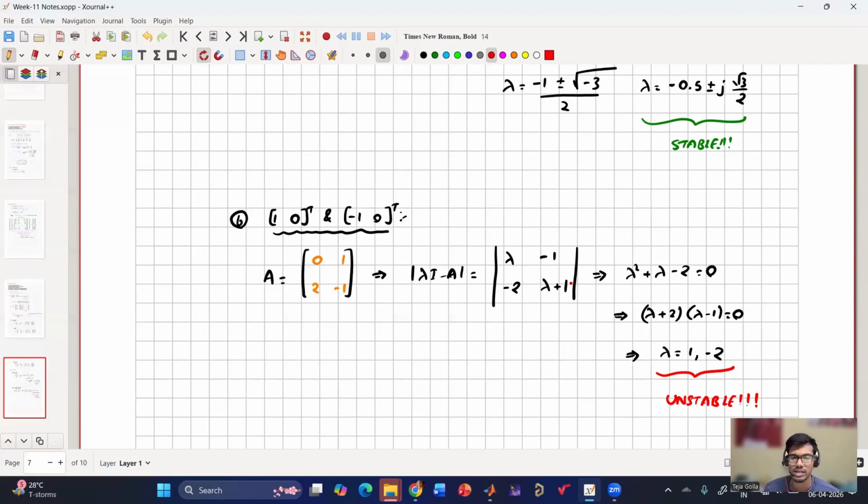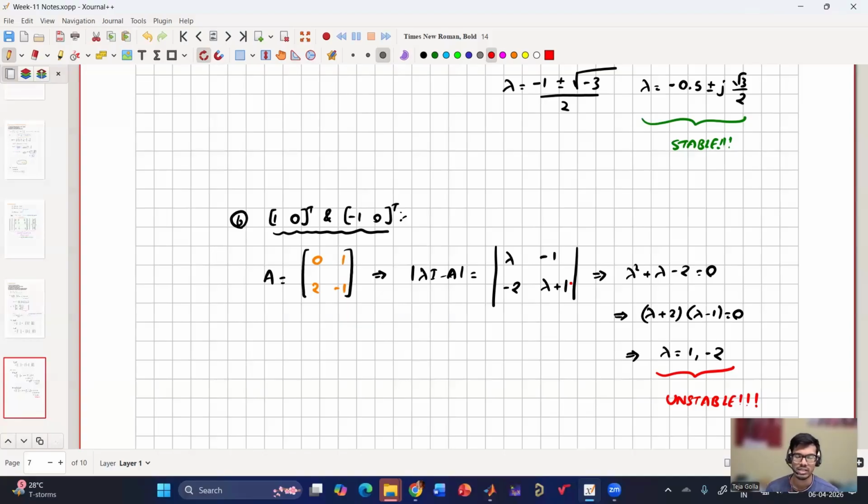There are subcategories like stable focus. In the case of instability, there is something called saddle point, unstable focus. We are not going into the details. It will be covered in a different course, and this course doesn't cover those aspects. So we'll leave it at stability and instability.